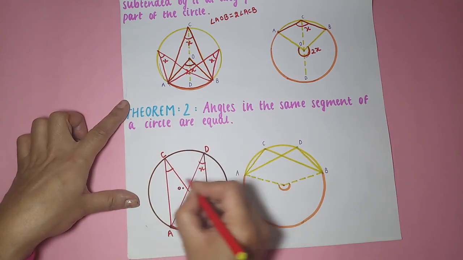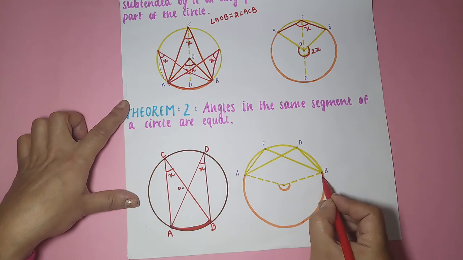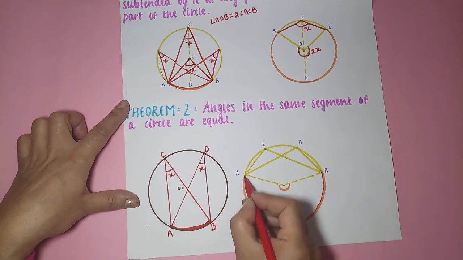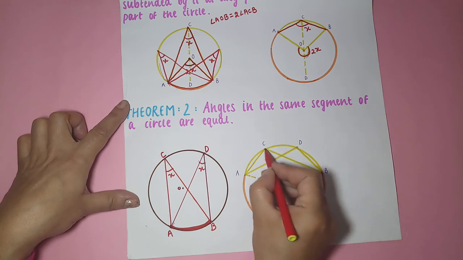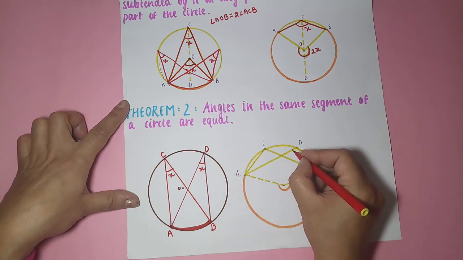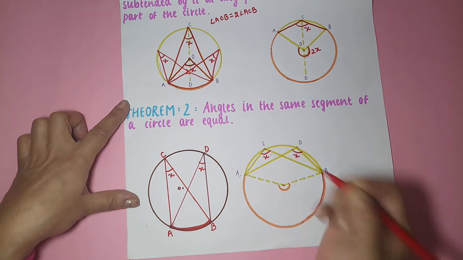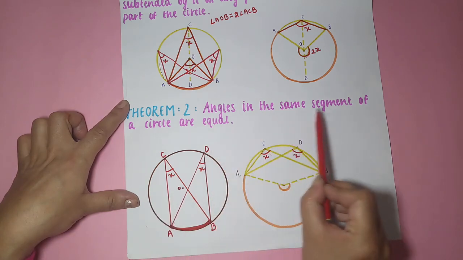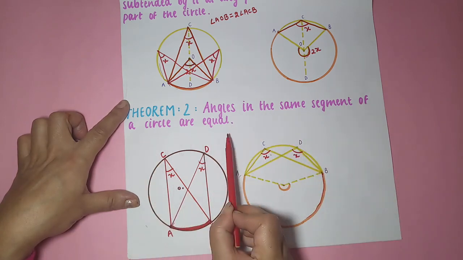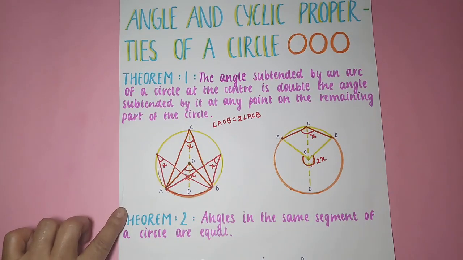So if this is x, this will also be x, right? Same holds true for the major arc also. So major arc subtends this angle at the circumference as well as this angle at the circumference. So both angles will be same, right? So let's repeat the theorem. Angles in the same segment of a circle are equal, right? So these are the two theorems.